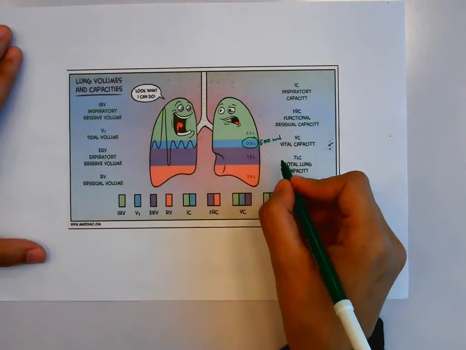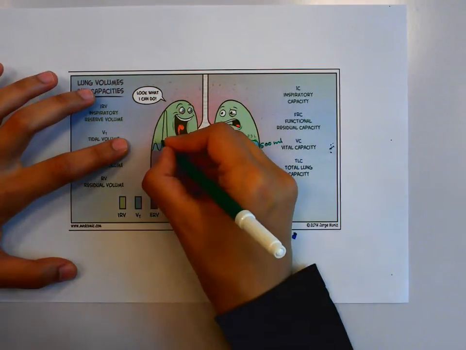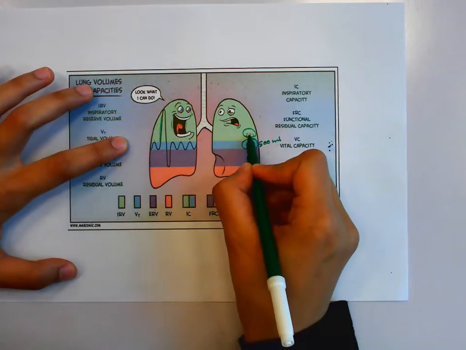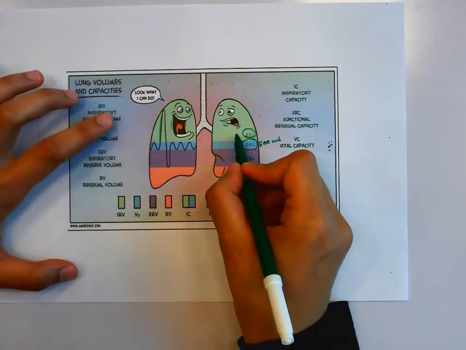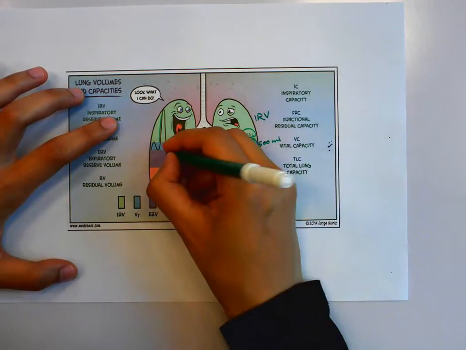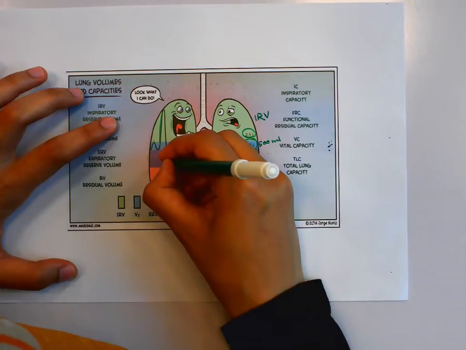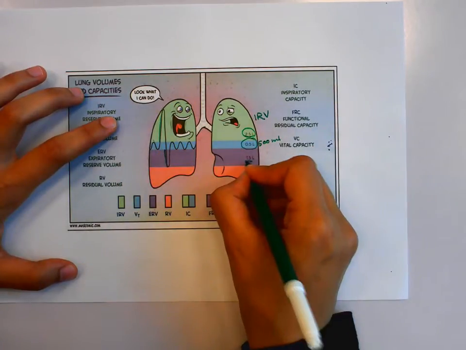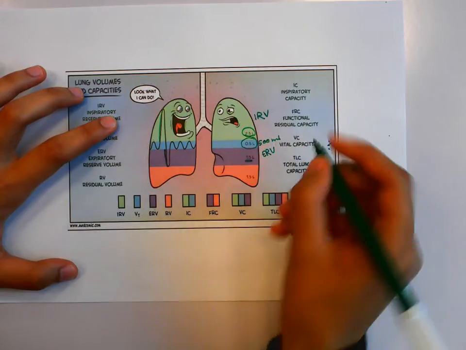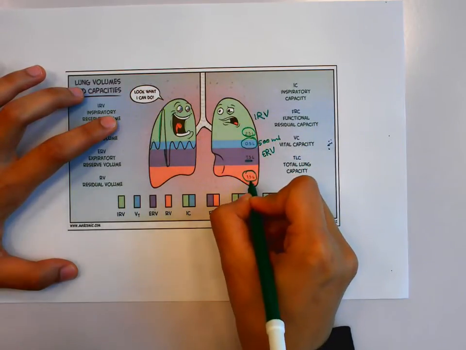You can increase this amount 5 times to 2.5 liters, the inspiratory reserve volume, and you can increase the amount you can exhale by 1.5 liters, the expiratory reserve volume, and this is the residual volume. All the time it will be kept inside your lungs.